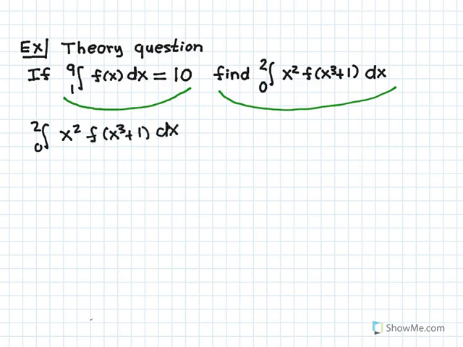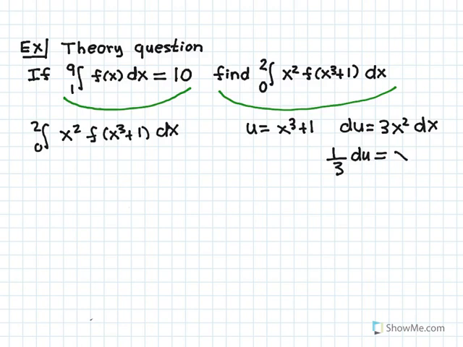So we do the substitution, let u be the inside function, u equals x cubed plus 1. Du, the differential, will be 3x squared dx. Let's divide by 3 both sides, and we get 1/3 du is equal to x squared dx.